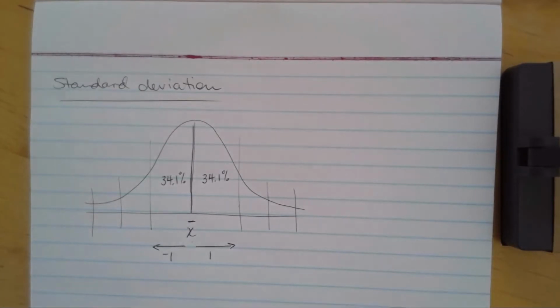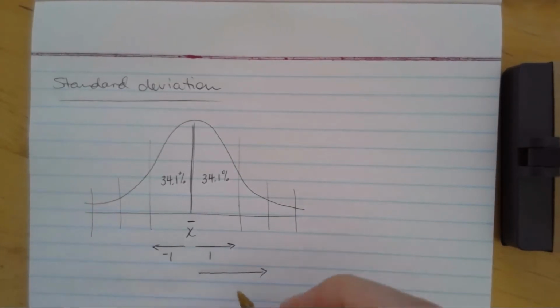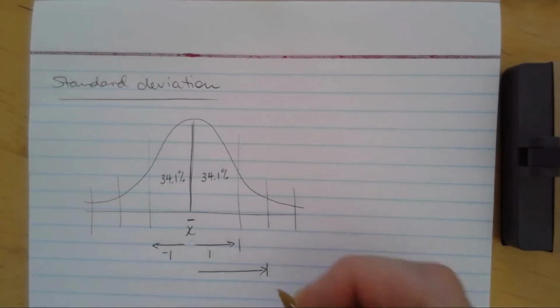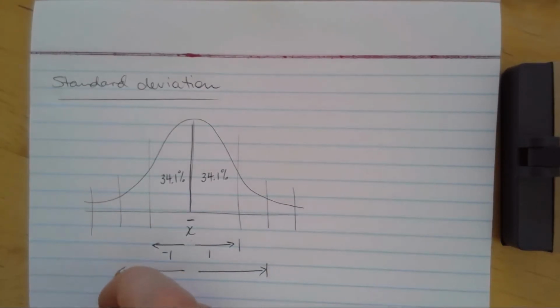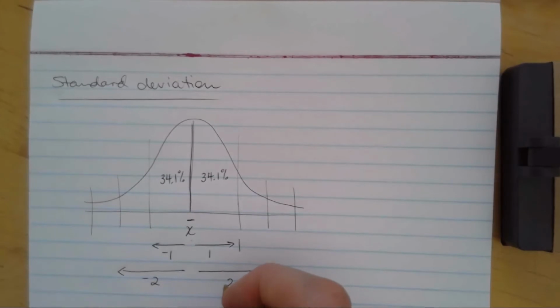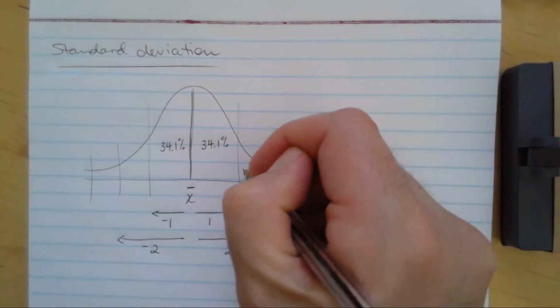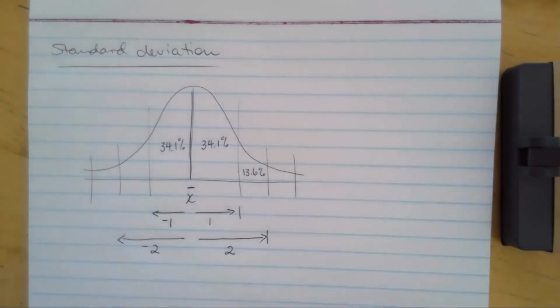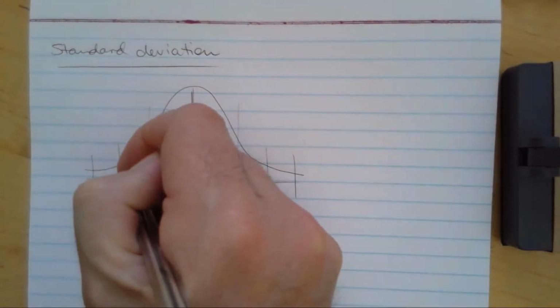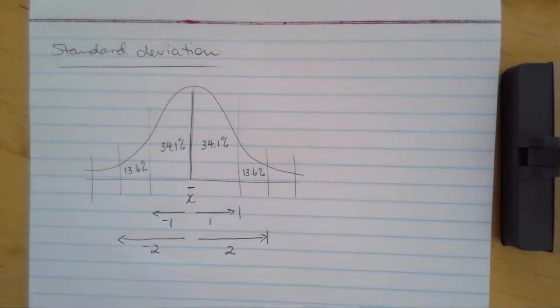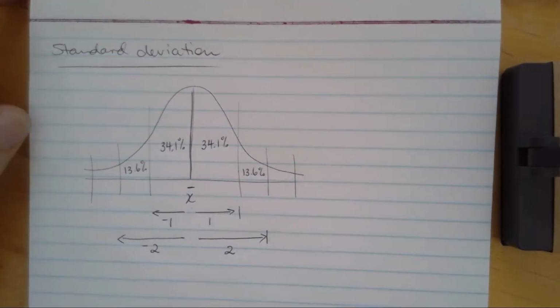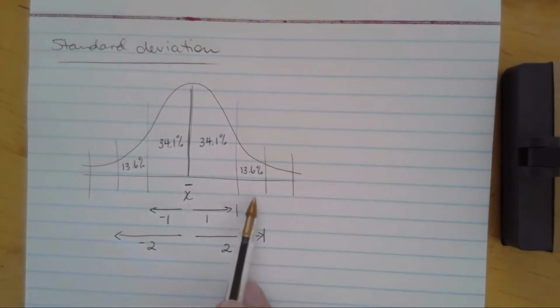If we then go 2 standard deviations away from the mean, -2 this way and 2 standard deviations that way, we end up with quite specific percentages: 13.6% lies in here and 13.6% lies in here, within the boundary between 1 and 2 standard deviations.